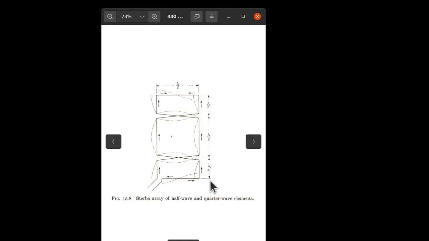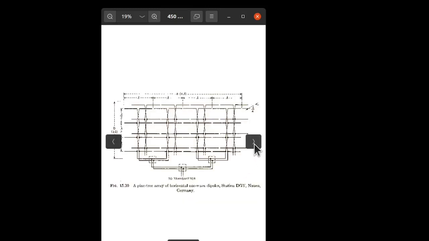This is a vertical array, and it has a substantial gain. This is the dipole equivalent, and it's called, let's see, a pine tree array. So we have a number of dipoles, 1, 2, 3, 4, 4 deep behind.